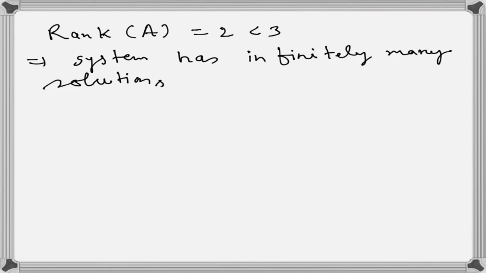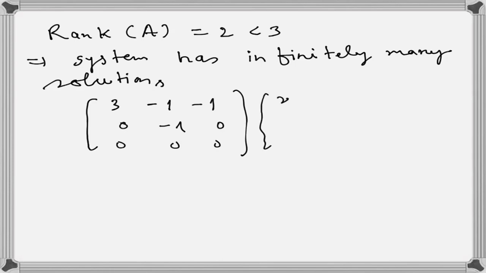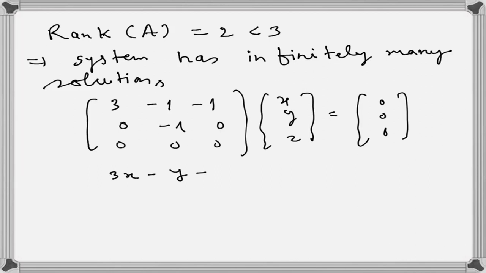Okay, so let's take the reduced system of equations: 3 minus 1 minus 1, 0 minus 1 0, 0 0 0, and x y z equals 0 0 0. This gives us 3x minus y minus z equals 0 and y equals 0.